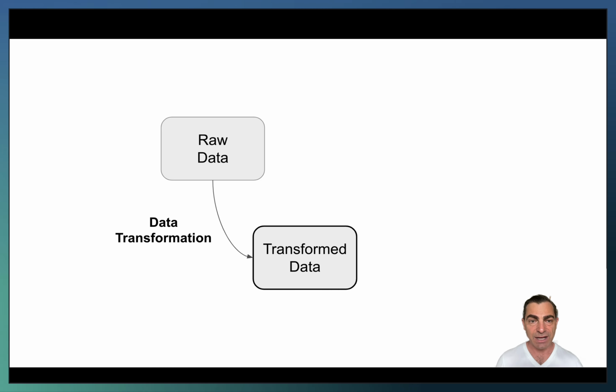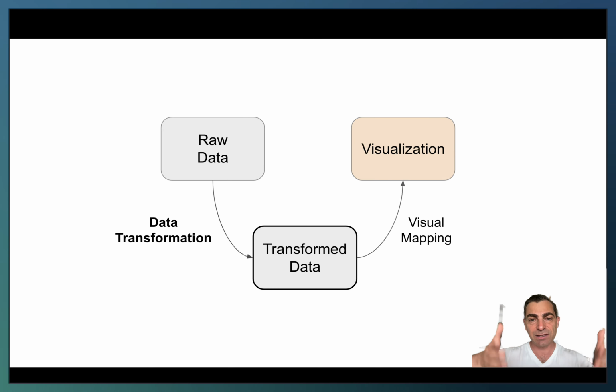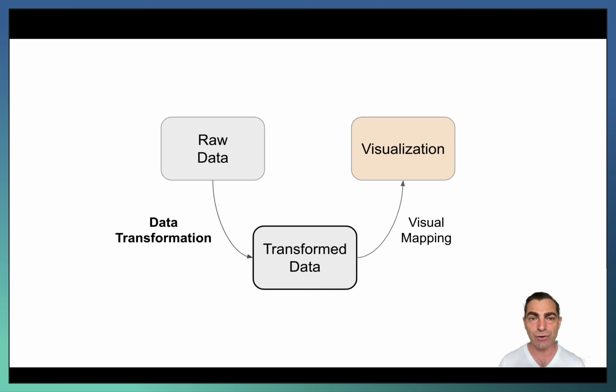And then we have a data transformation step to produce the information that we want to communicate through visual mapping by creating a visual representation. So this intermediary step is part of the design process and is the step that allows us to decide the shape of the information that we want to extract from the raw data before it's visualized.